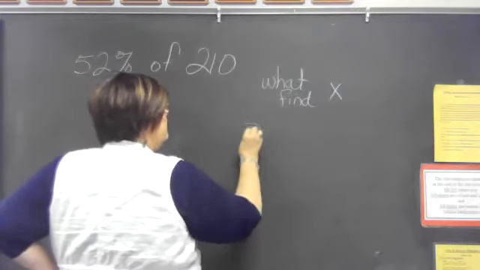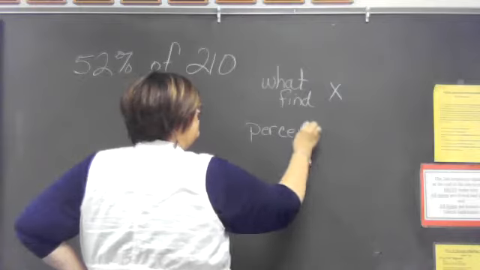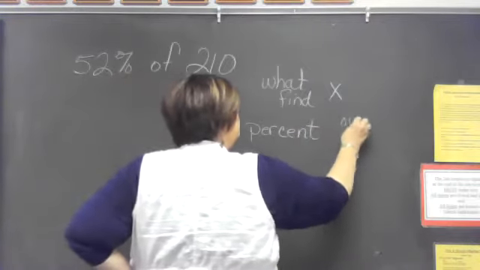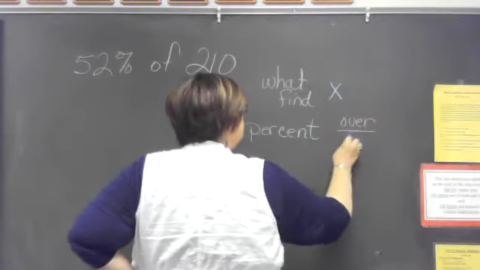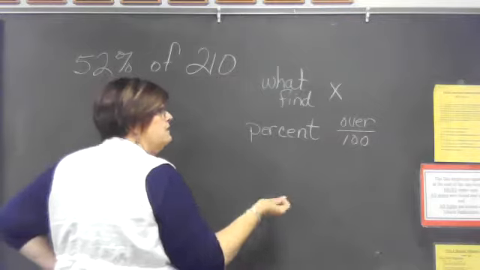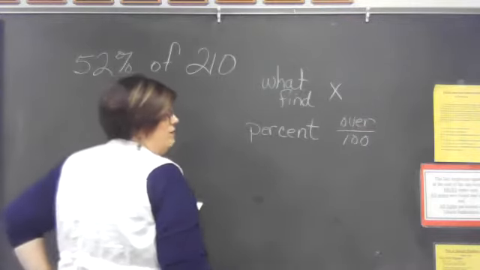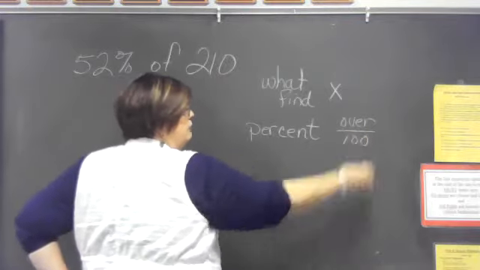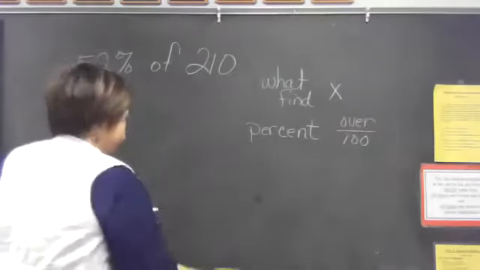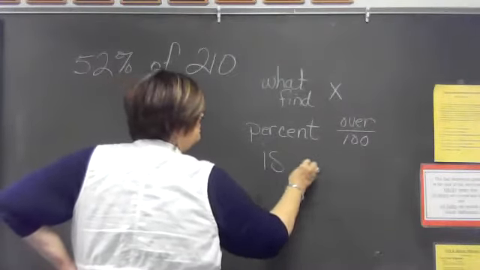Now, when it says percent, I want to remind you that percent means over 100. Okay, so if it says 12%, that's going to be 12 over 100. If they talk about 5%, 5 over 100, it will be a fraction. Okay, is equals.